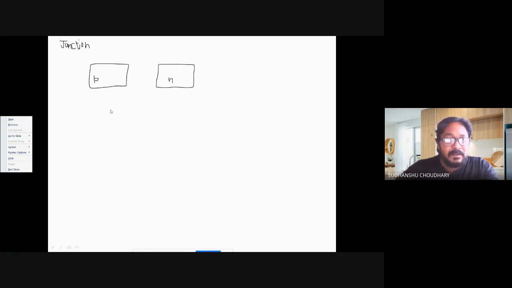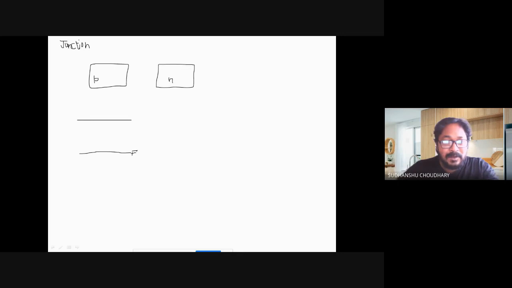Now, if I try to draw the energy band diagram of this p-type semiconductor, I'll have a conduction band and a valence band. Since it's a p-type, the Fermi level will be close to the valence band, so I draw a Fermi level close to the valence band.